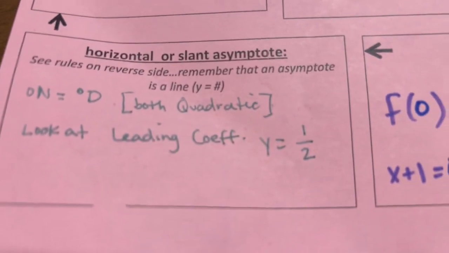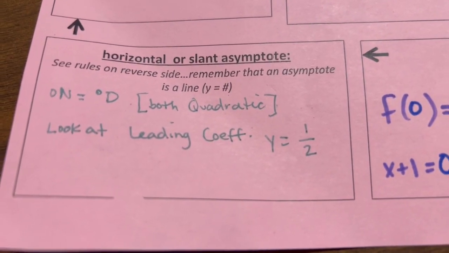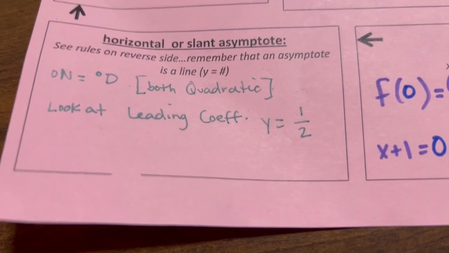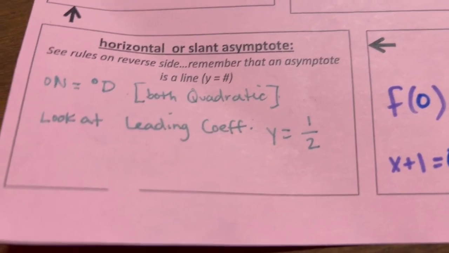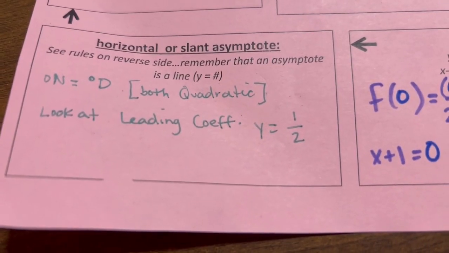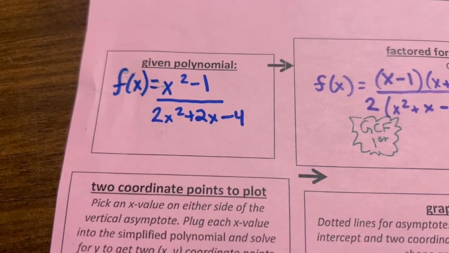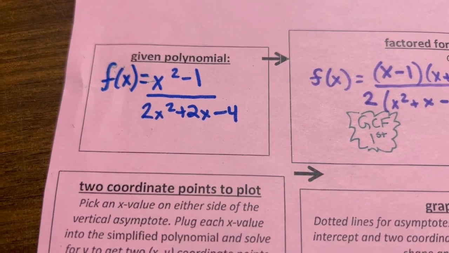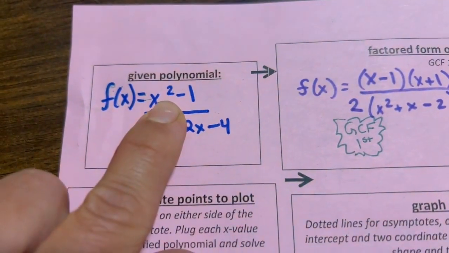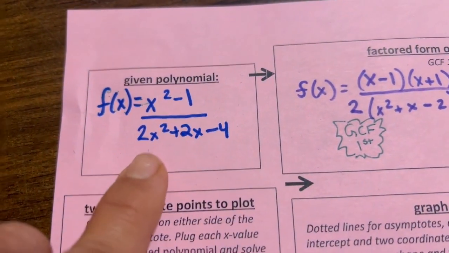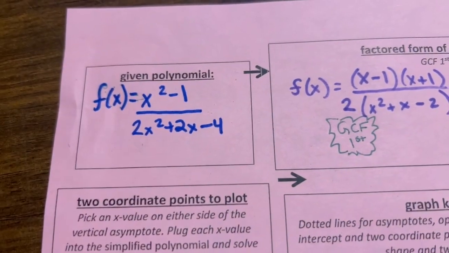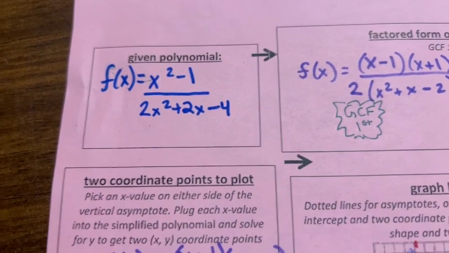Lastly, we have to decide if we have a horizontal or slant asymptote, or maybe neither. To do this, we look at the powers of the polynomials in our function. If I go back to this given polynomial, the powers is the highest degree, x squared, x squared. Both of these polynomials are quadratic.